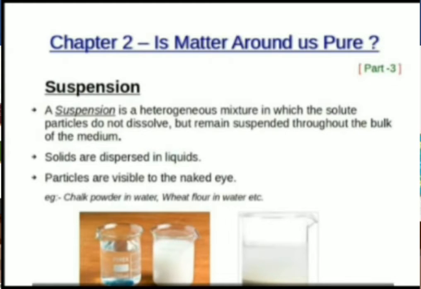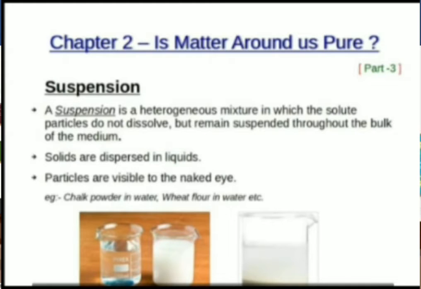By definition, a suspension is a heterogeneous mixture in which solute particles do not dissolve but remain suspended throughout the bulk of the medium. Here, the particles will be bigger in size and will not dissolve into the solvent. The solute does not dissolve in the solvent.